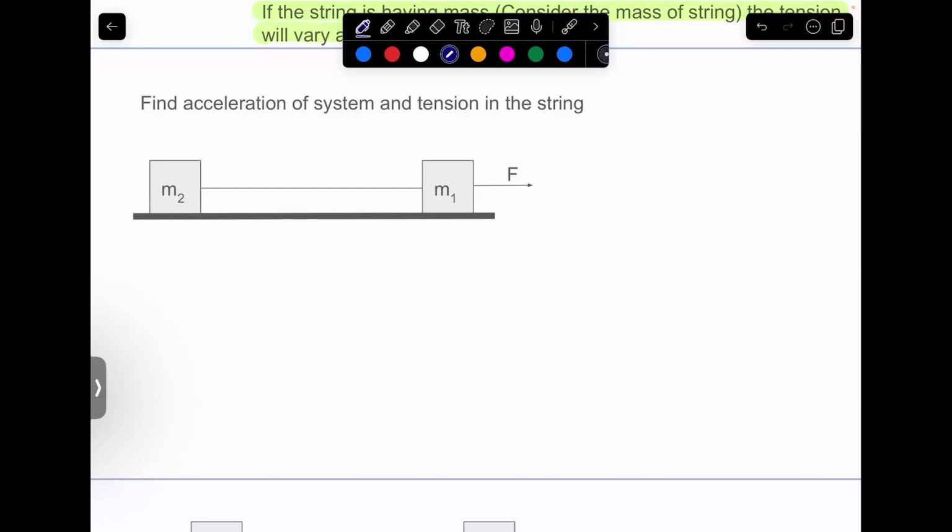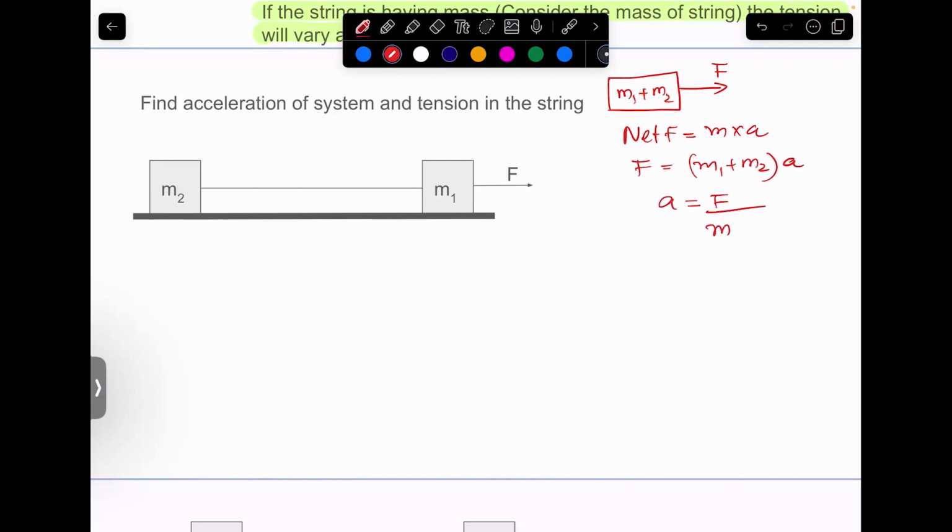We will assume both of them, M1 and M2, as a single system, which is being pulled by a force F. So net force equals mass times acceleration. F equals M1 plus M2 times A, so A equals F by M1 plus M2.